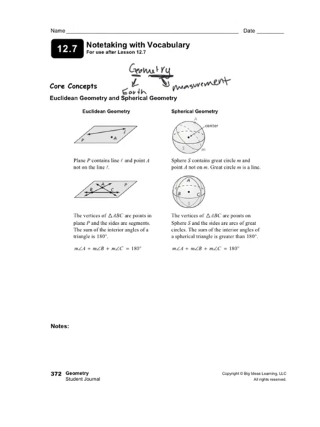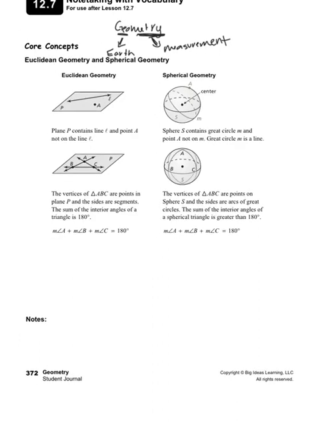Okay, so just a few differences between Euclidean and spherical geometry. With Euclidean geometry, you have lines and line segments. In spherical geometry, you have arcs, arc lengths and great circles.